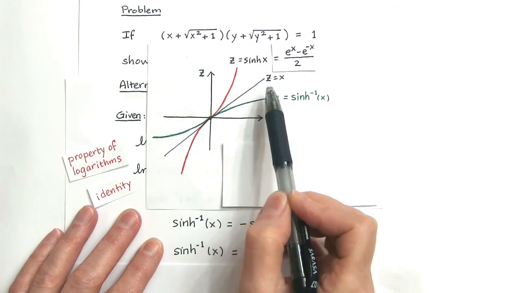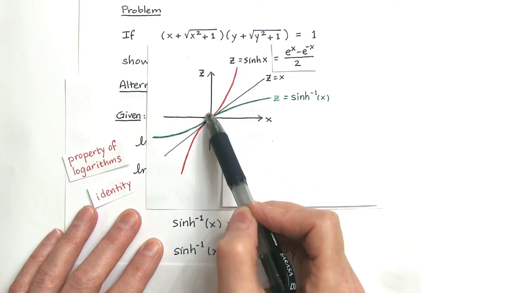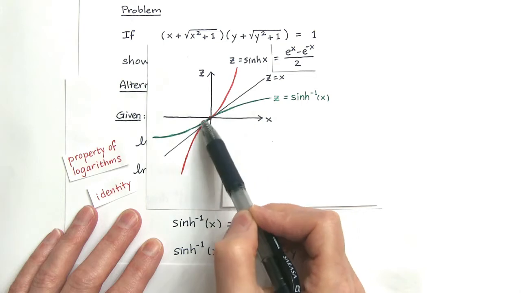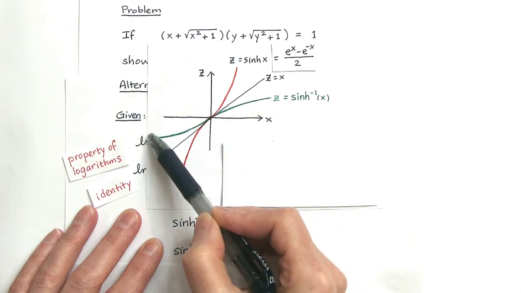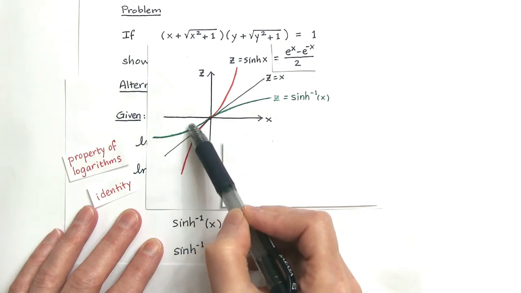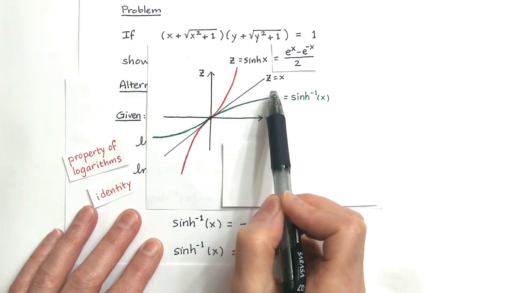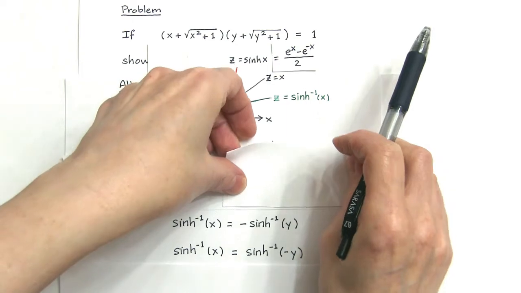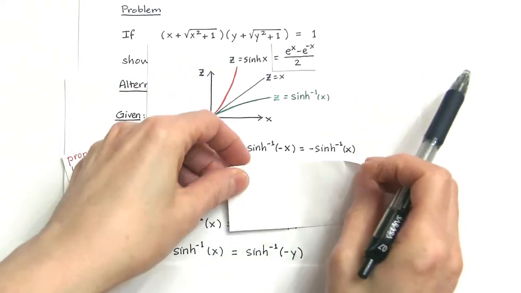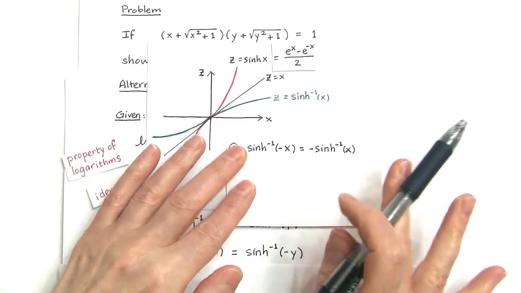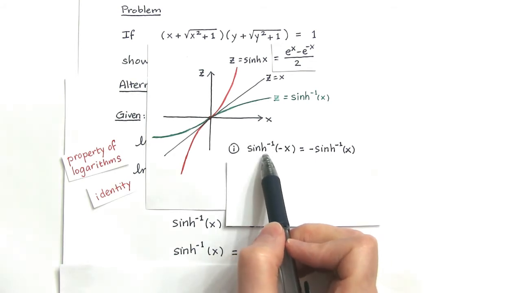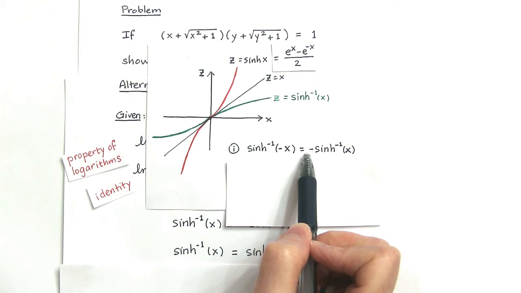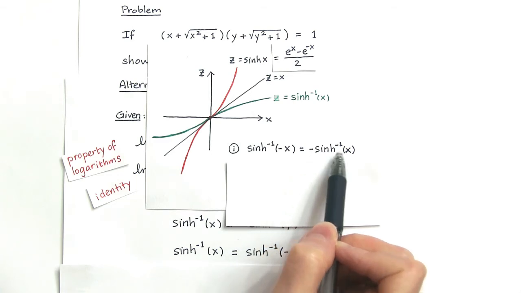And because the hyperbolic sine function is an odd function, and because of this reflective property, it follows that the inverse hyperbolic sine function is also an odd function. So if you take the inverse hyperbolic sine of negative x, you get the negative of the inverse hyperbolic sine of x.